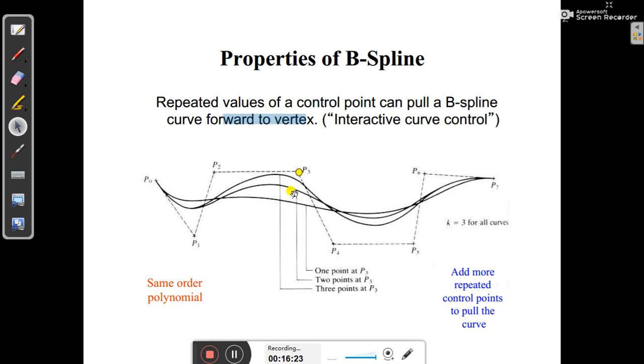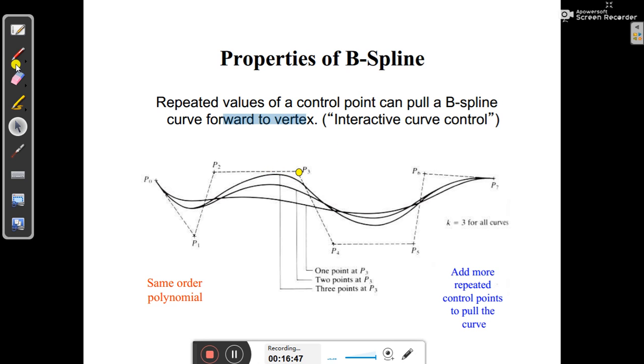If we repeatedly pull this curve by using more points, by controlling from this P3, this whole spline curve goes forward to the controlling vertex.